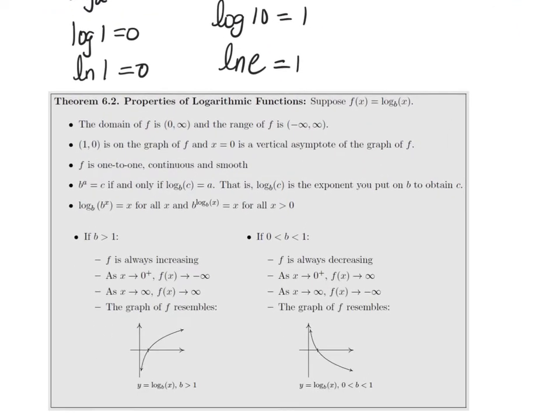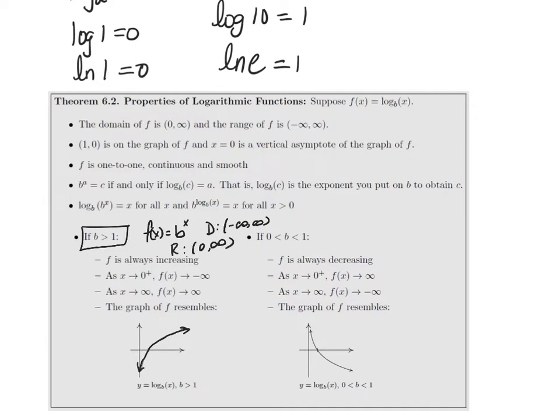Some of the properties that we have with logs, because they are the inverse of our exponentials: if my base is greater than 1, then I am increasing along its domain. Now remember, when we had f of x is equal to b to the x, its domain was everything, and its range was from 0 to infinity.